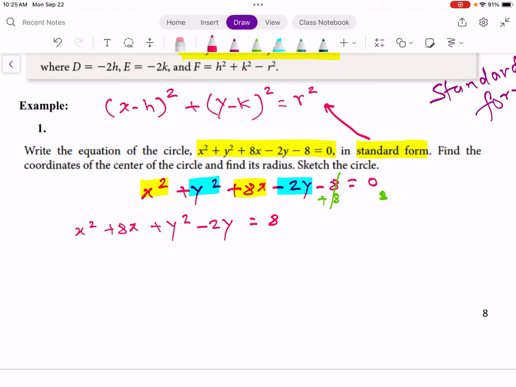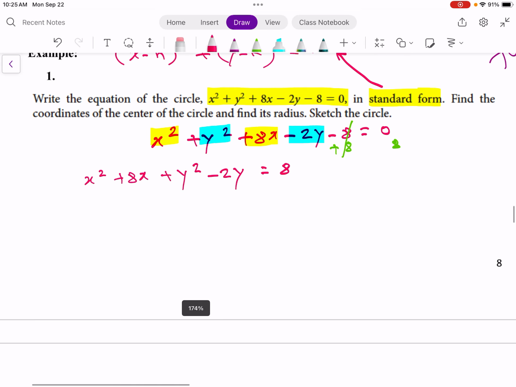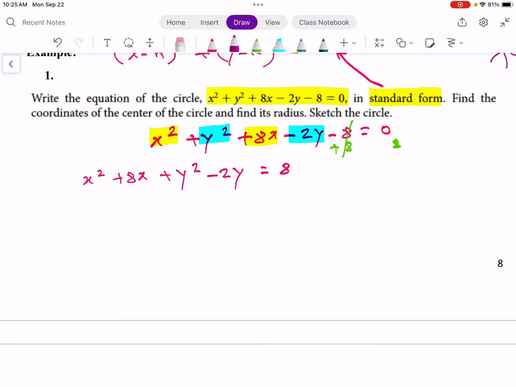Now the second step is very similar to the completing the square method. You take the coefficient of x, which is 8, divided by 2, we get 4, square it, and you add this number on both sides of the equation.